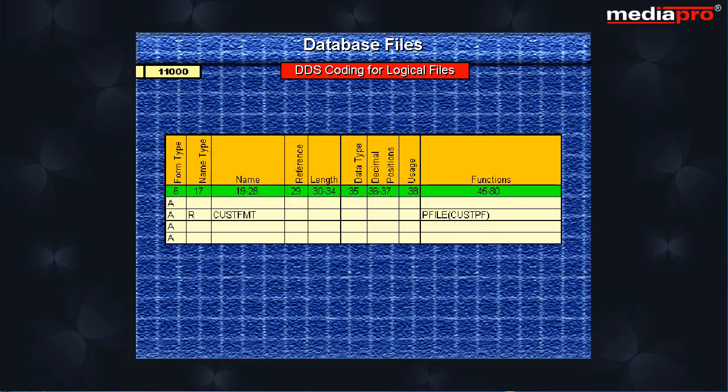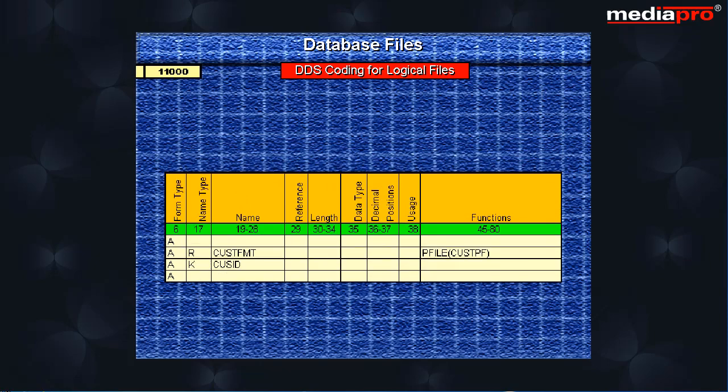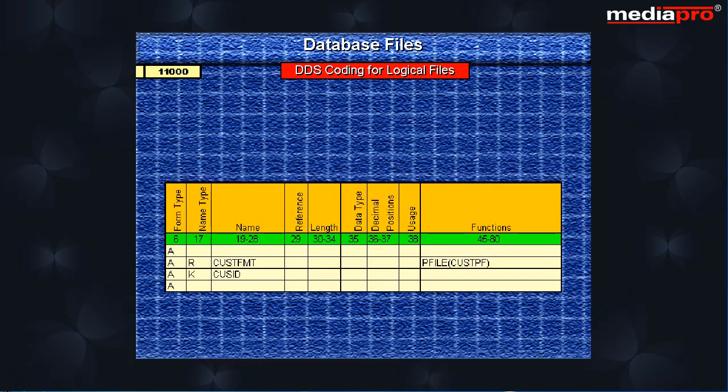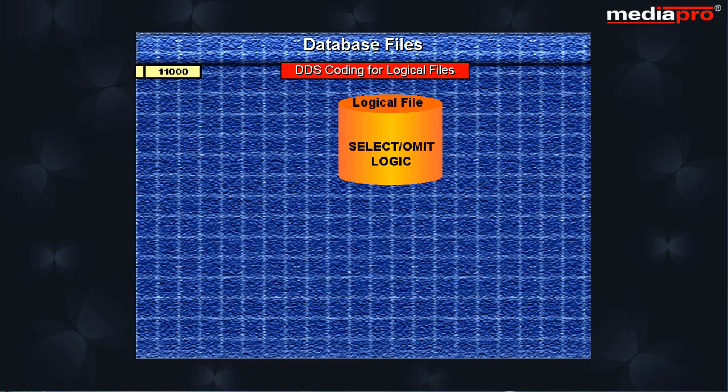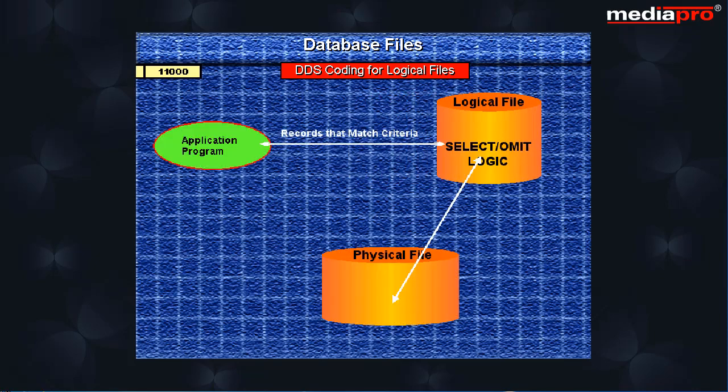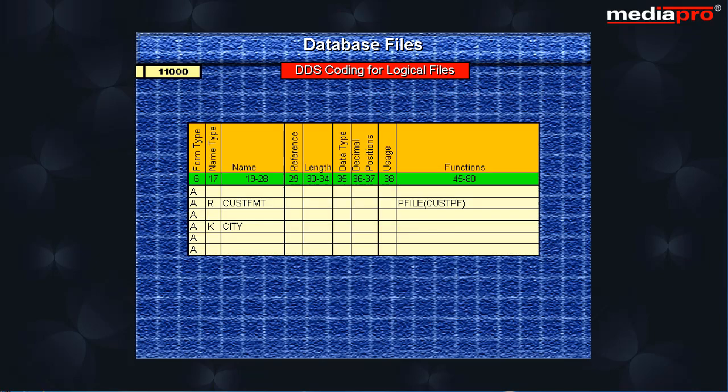Next, we identify the key field on which to sequence the file. This is all the code that is required. When we do not specify any fields in the logical file, we are sharing the record format of the physical file. The select omit logic can be used to select a set of records that match a criteria.